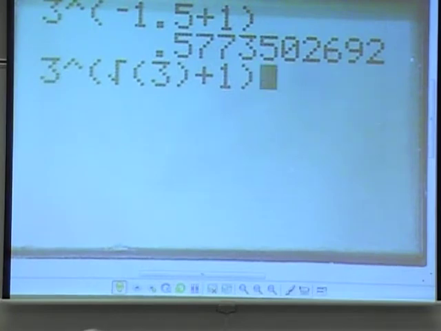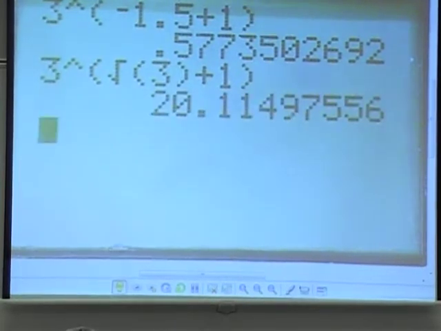Square root of 4 is 2, 3 squared is 9. So you have to put it in like that. 20.1149. Got that? Who did not get that? All right, excellent.